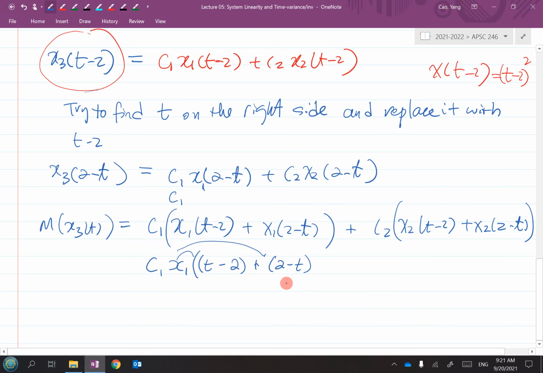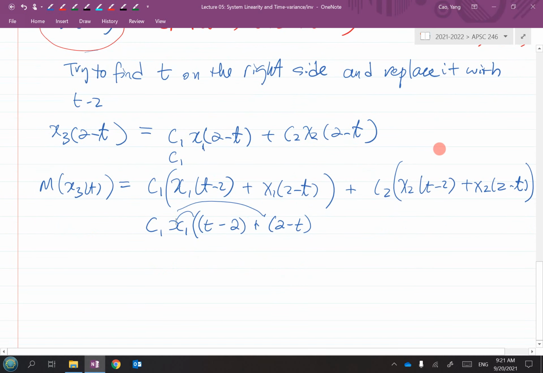So I think I need to re-emphasize this. When you see a symbol like this, right? This doesn't mean it's x times t minus 2. This means it's a function. It's a function x with a variable t minus 2. Okay? So maybe this actually is t minus 2 squared plus t minus 2 cubed, that kind of thing, right?